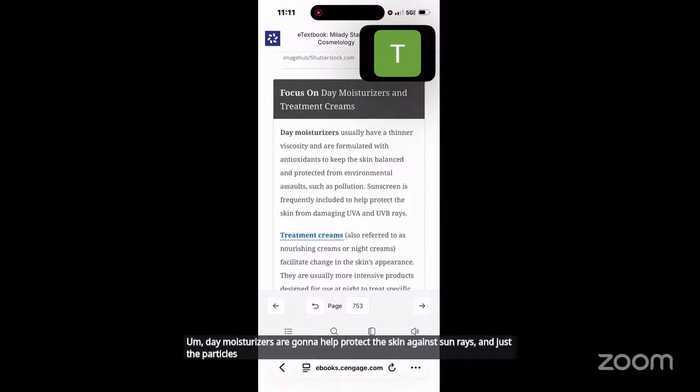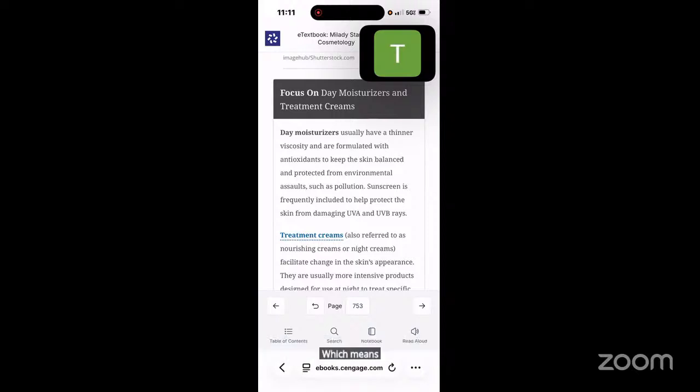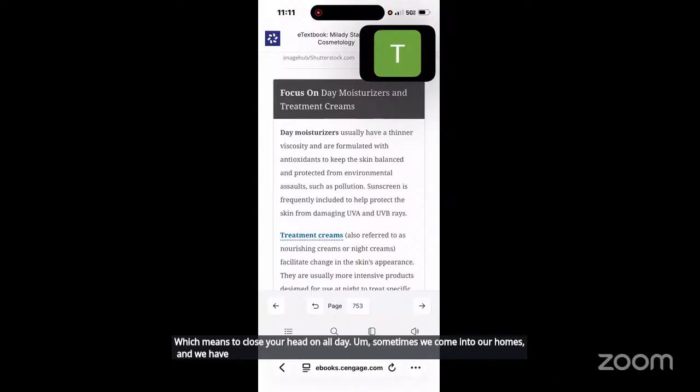Whether we work in a warehouse or we work outside in construction, whatever you do, the day moisturizers just help keep the day off of the skin. You may have heard people say you got your day clothes on, which means the clothes you had on all day. Sometimes we come into our homes and we have the day on our face, which is everything from the oxygen and different environments we've been in.